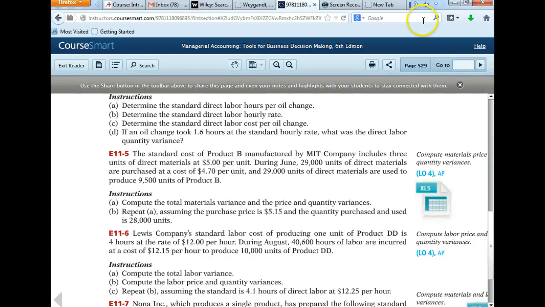The standard cost of product B manufactured by MIT Company includes 3 units of direct materials at $5 a unit.